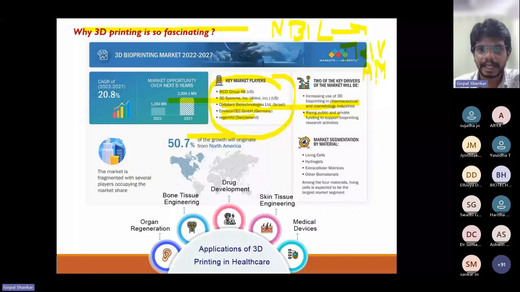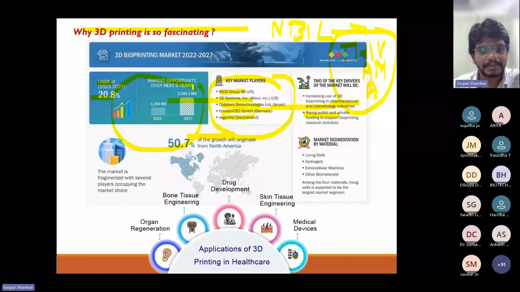So this is NBIL. They are located in Bangalore. That is called Next Big Innovations Lab. So they have these indigenous 3D printers that are developed in India. Now you see that in the next 5-6 years, the projected CAGR is around 20.8%, which means that from 1,284 million, they're going to increase up to 3,304 million revenue. So this is what is projected in the next 5 years.